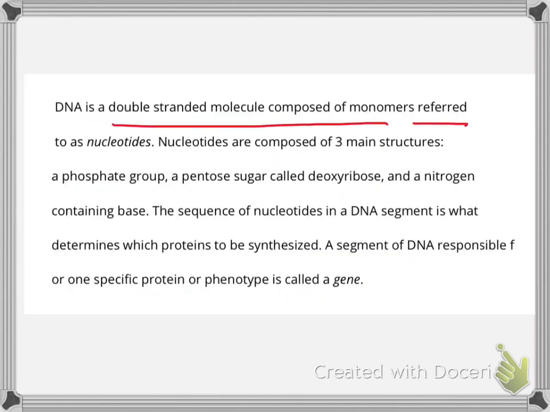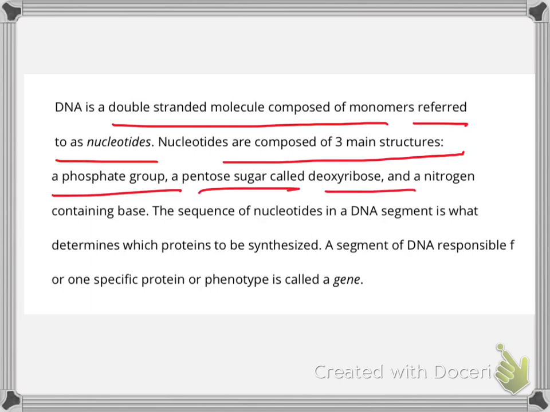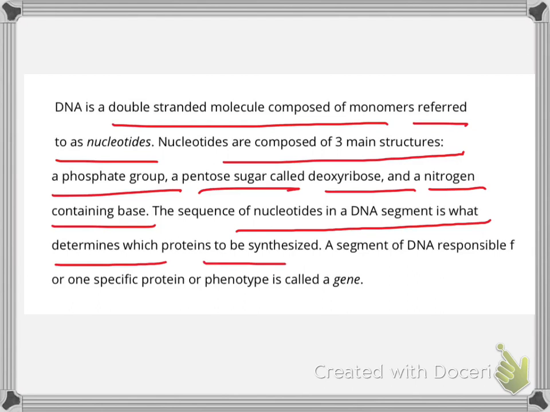DNA is a double-stranded molecule composed of monomers known as nucleotides. The nucleotides are composed of 3 main structures: a phosphate group, a pentose sugar, deoxyribose, and a nitrogenous base, that is purines or pyrimidines. The sequence of nucleotides in a DNA segment determines which protein is to be synthesized.